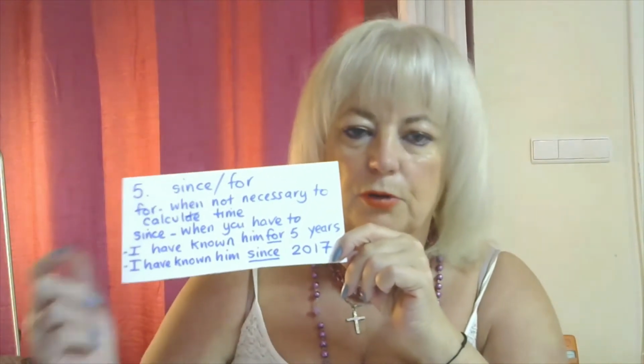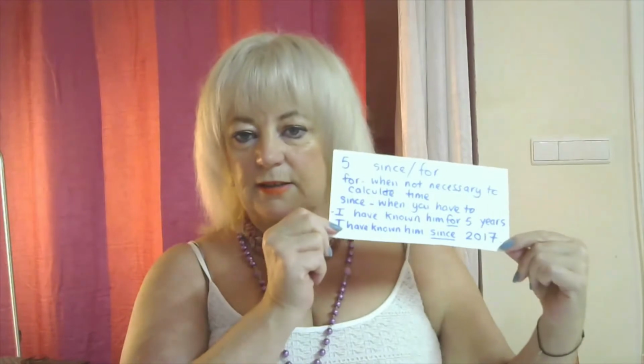Por ejemplo, I have known him for 5 years. Lo he conocido durante 5 años. Yo digo 5 años, o no es necesario calcular cuánto tiempo le he conocido.